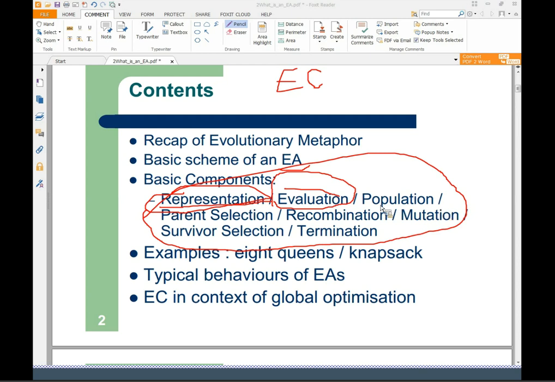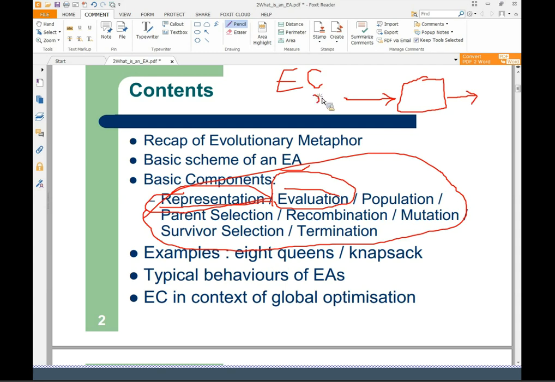Another part is the evaluation, or fitness value: a function that gets, for example, an individual and evaluates the fitness value. The higher the fitness value, the better the individual.